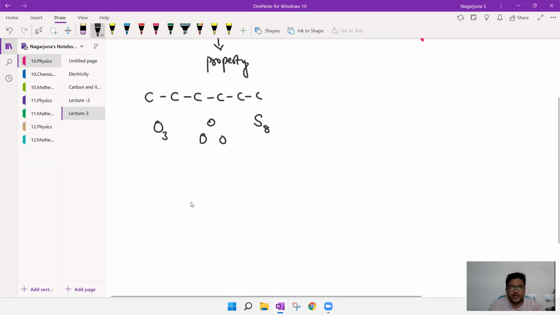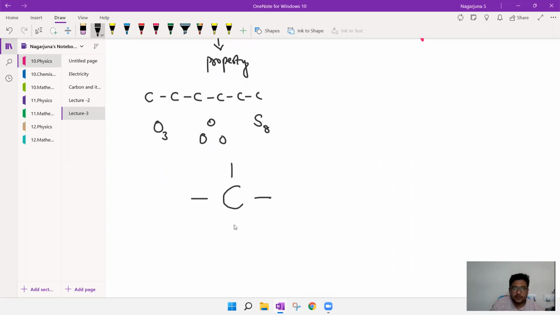So how and why can it form them? You can observe carbon has valency 4: 1, 2, 3, 4. It can combine with 4 different monovalent elements. For example, it can combine with hydrogen, chlorine, fluorine, bromine, iodine.